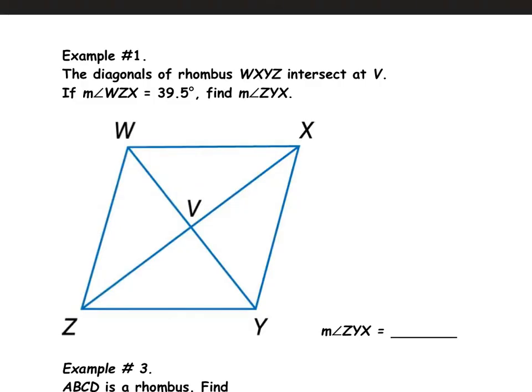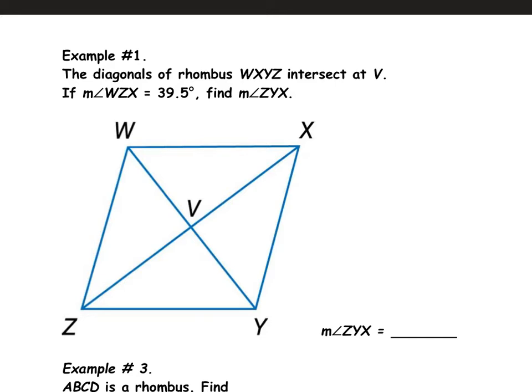All right, example number 1. It says the diagonals of a rhombus WXYZ intersect at V. If the measure of angle WZX is 39.5 degrees, find the measure of angle ZYX. I'm just going to write in this angle measure.